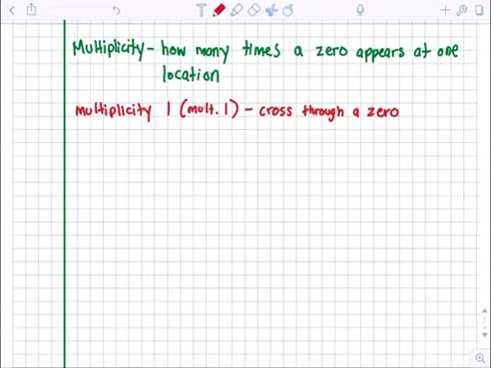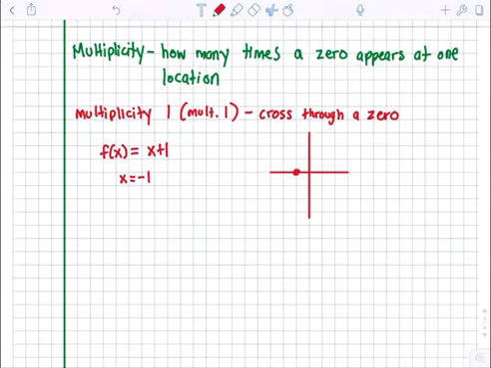Let me explain. Let's say you had this function, f of x is equal to x plus 1. To find a zero, x would have to equal negative 1. If you saw a graph of this, we know x is equal to negative 1, so the zero would be right there, and we will cross at that zero, just like so.